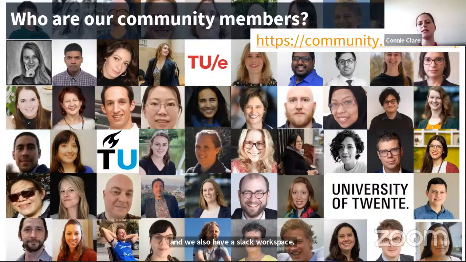So anybody interested in creating and reusing FAIR data can join the community. So we have researchers from the technical sciences, and we also have data supporters. So we have data stewards, data managers, research software engineers, educators, librarians, IT specialists, and also the technical staff that maintain and manage the repository.